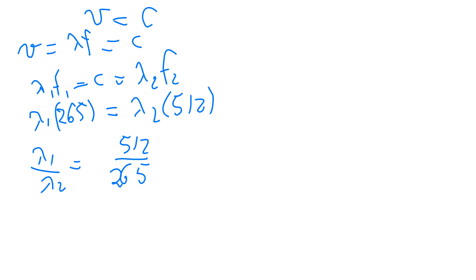And if he wants lambda 2 over lambda 1, then it will be the opposite. I don't know what the question is asking, but this is how you solve it. So these are the 3 questions that I wanted to go over before I continue with the lecture.